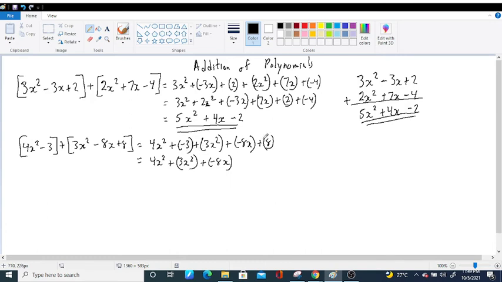Then I have the constants, so I put plus the negative 3 plus the 8. So 4x squared plus 3x squared gives me 7x squared. Then bring down the negative 8x because that has no other like term, and we are left with negative 3 plus 8, which gives us 5. That would be our solution.